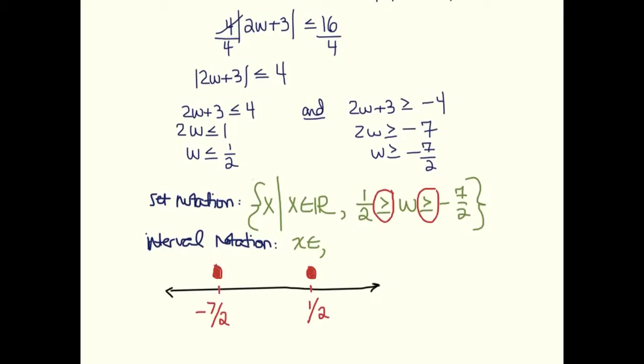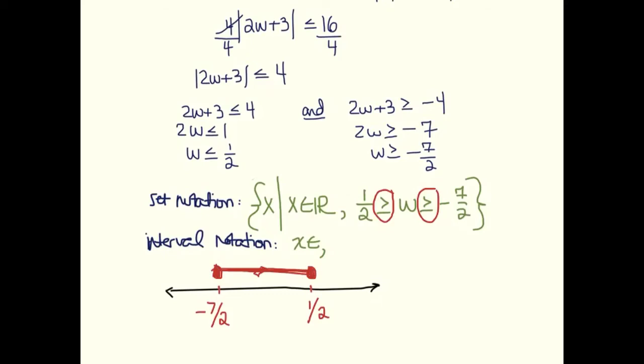And now, it tells us that your variable has to be less than 1/2, so it goes this way. And if it is greater than negative 7 over 2, it goes this way. So really, it's just all the numbers in between negative 7/2 and 1/2 that would work in this equation. And basically, you just draw a line between them. And that's how you graph it.